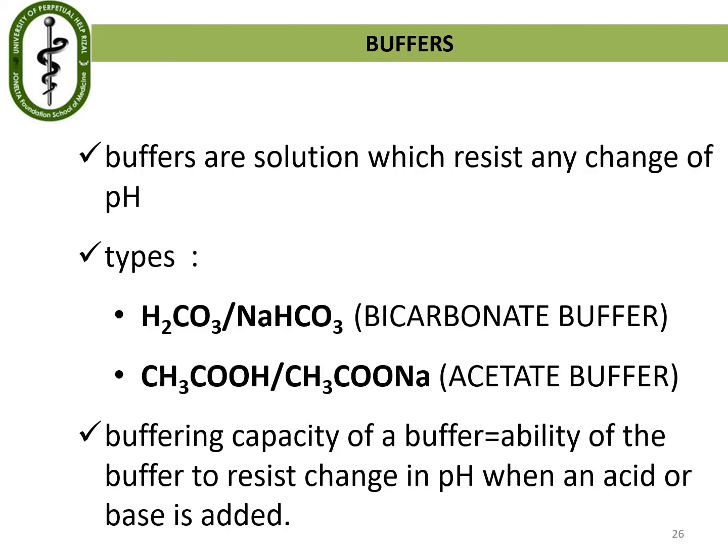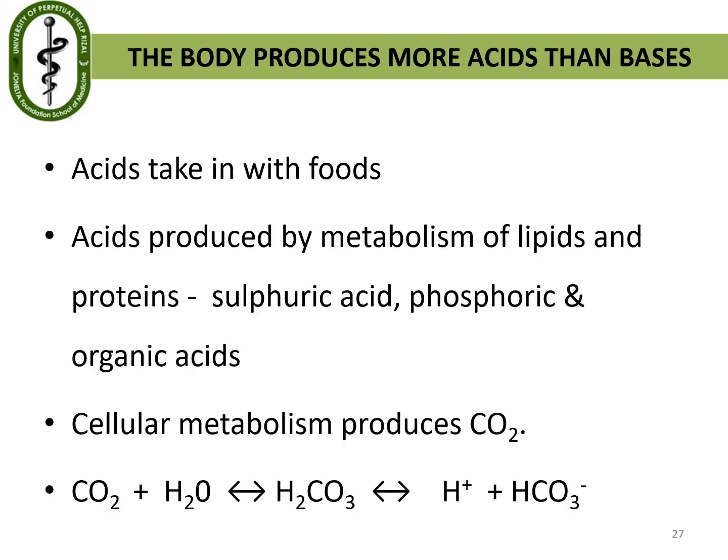So for the buffers, buffers are solutions which resist any change of pH, and there are two types, your bicarbonate buffer and your acetate buffer. The buffering capacity of a buffer is equivalent to the ability of the buffer to resist change in pH when an acid or base is added.